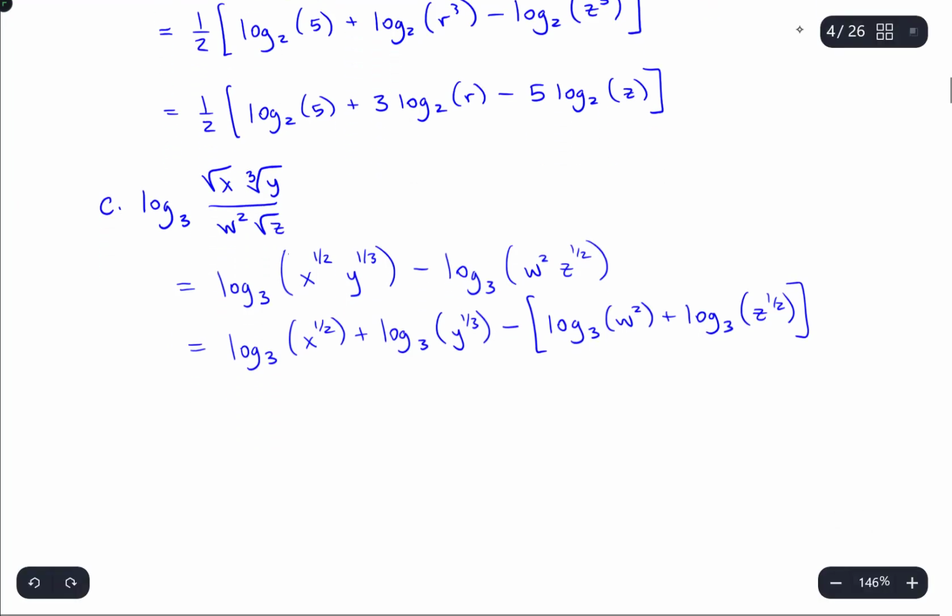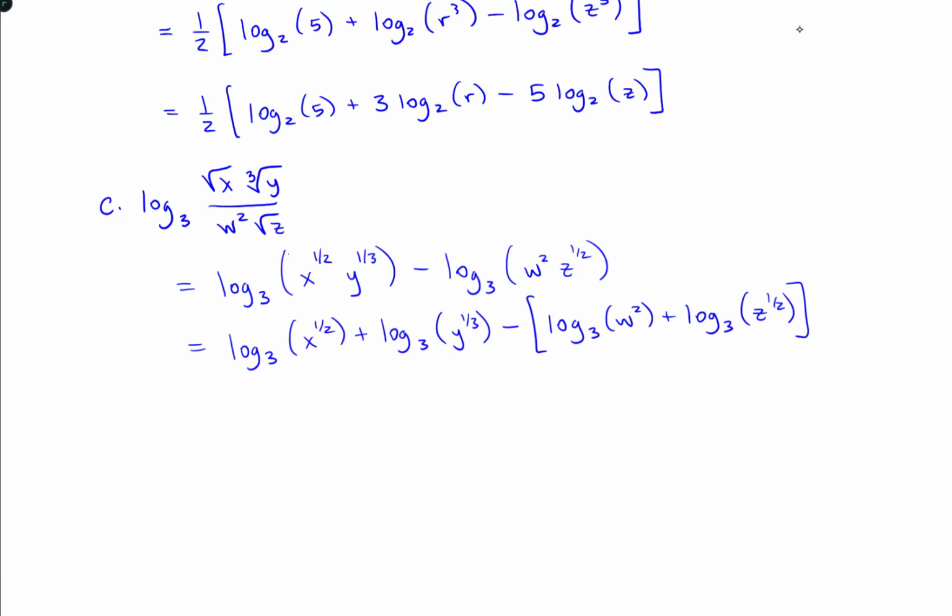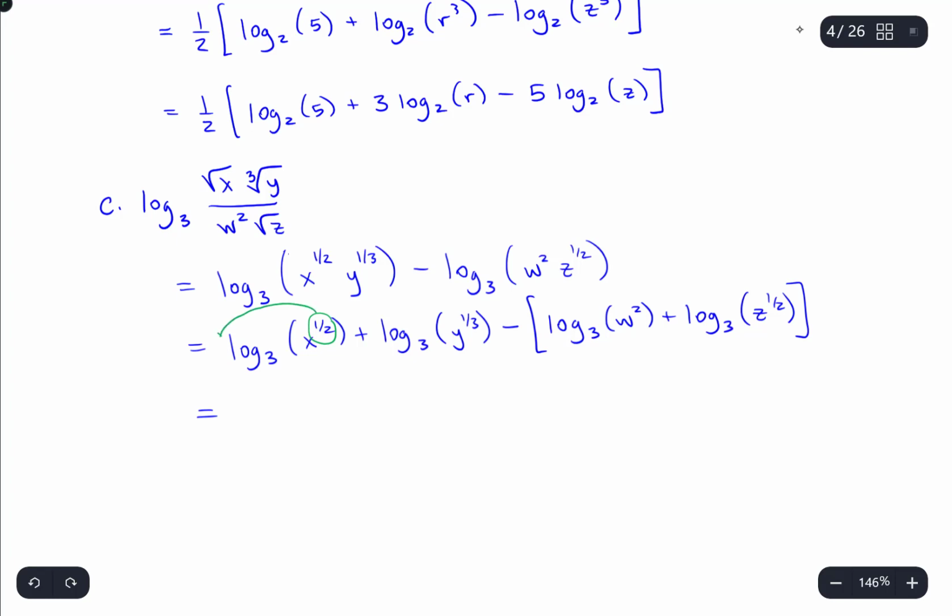Now, the last step that I can do here is just take all of these exponents and pull them out as constant multipliers on these logarithms. So I would have 1/2 log base 3 of x plus 1/3 log base 3 of y.